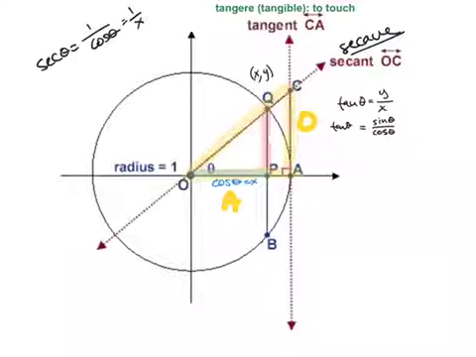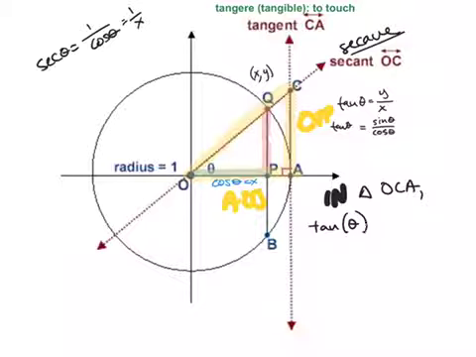And so in the right triangle, actually, this is the opposite side, and this is the adjacent side. So in the triangle OCA, the tangent of the angle theta is equal to the opposite side over the adjacent side.